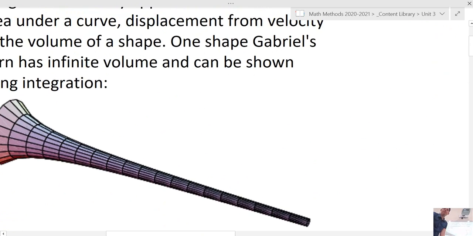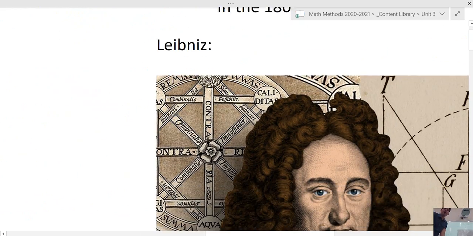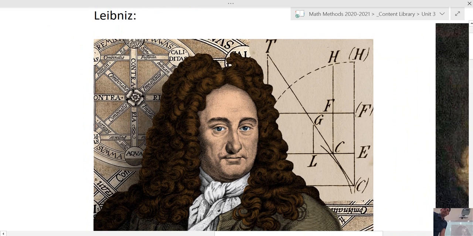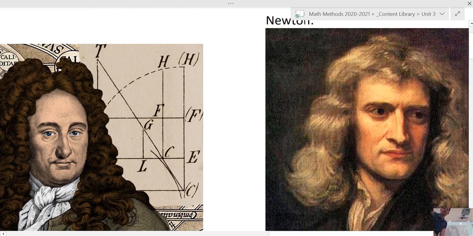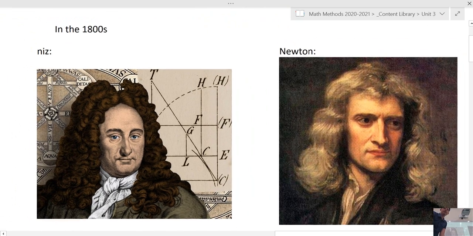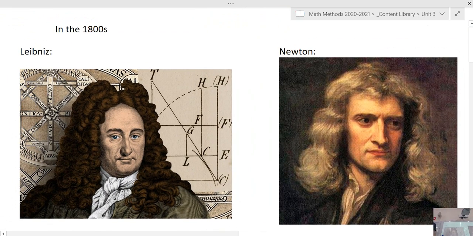So where did this come from? There is this guy. Have you heard of him? Leibniz, and Newton. So integrals were actually found before these guys, but apparently they found that integrals were the opposite of derivatives. So they connected the dots.